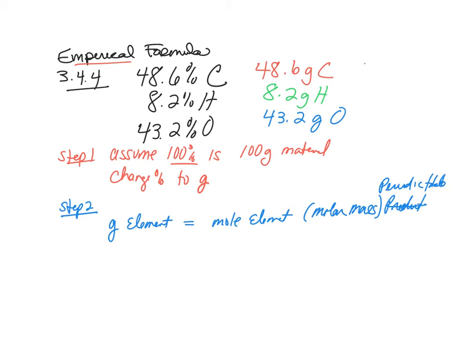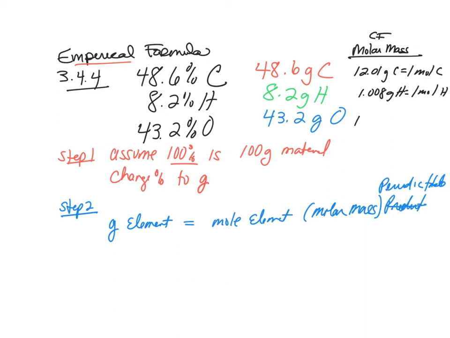So here, let's keep with the same color. So the molar mass here, this is the conversion factor you're going to need, is 12.01 gram of carbon for 1 mole of carbon, 1.08 grams of hydrogen for 1 mole of hydrogen, 16.00 grams of oxygen for 1 mole of oxygen. So that's step 2.